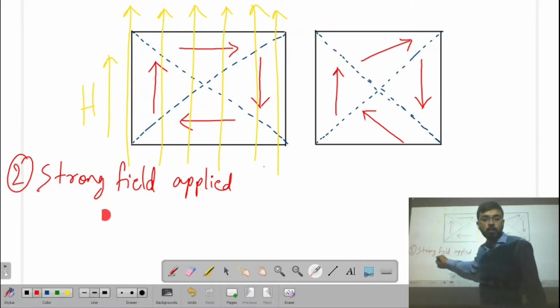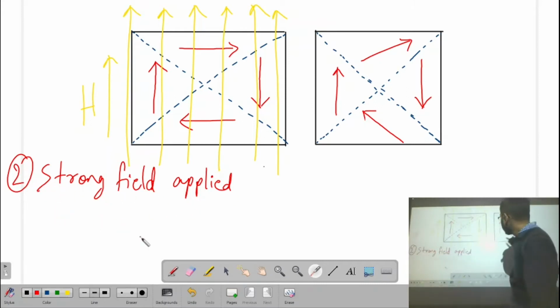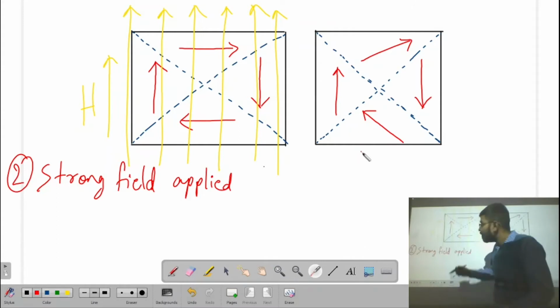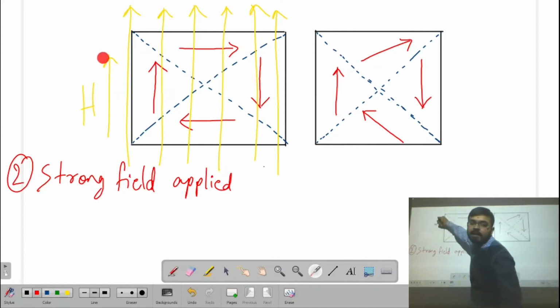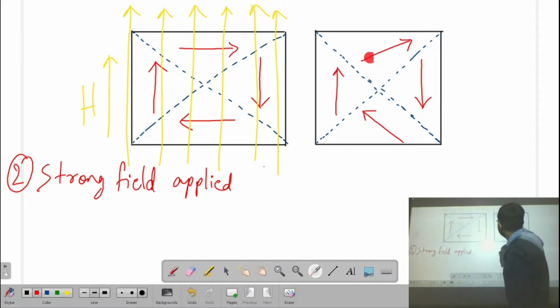When the field is strong enough, the domains will try to orient themselves in the direction of the applied field. So this is directing toward this side, this is also directing toward this side, and this is directing toward this side.